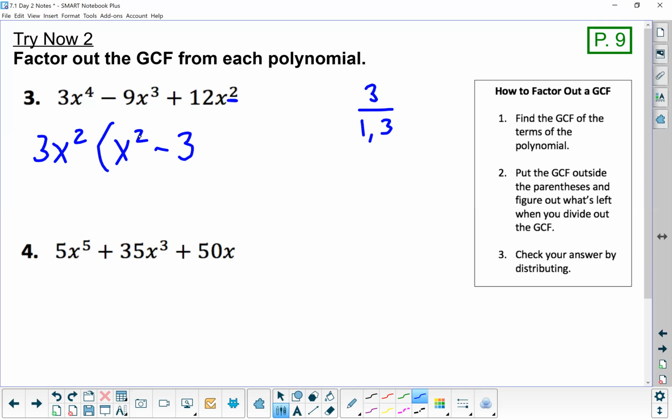I had x to the third power. I factored out 2 x's, and I'm very careful which 2 x's I factored out. I think you've noticed that already, right? And how many x's do I have left? 1. 12 divided by 3. 4. I had x squared, but I factored out, so there are no x's with that one.